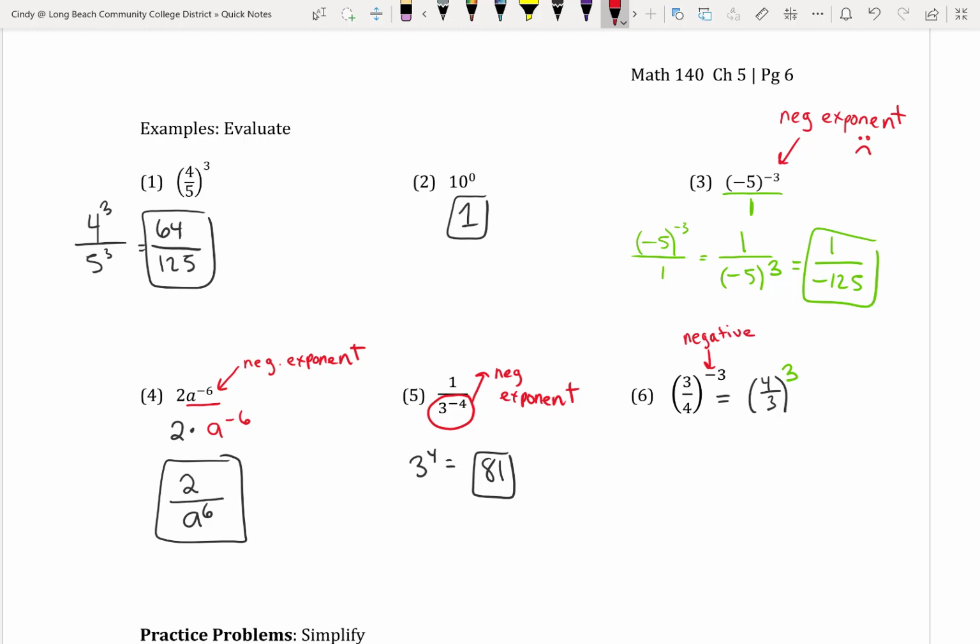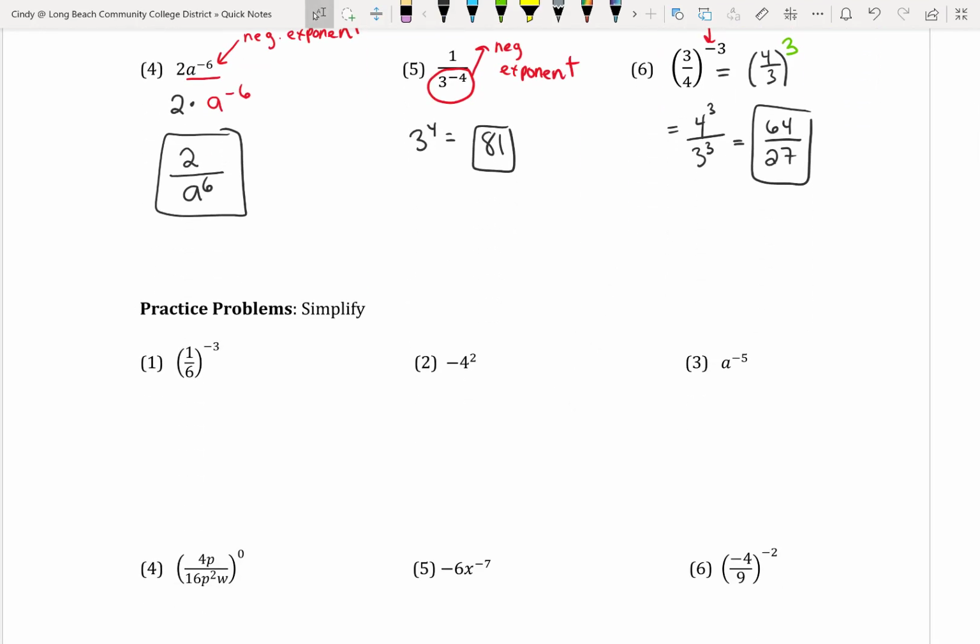And so I moved everything. And now I can distribute. So now this is 4 to the 3rd and 3 to the 3rd. Well, from number 1, I know that 4 to the 3rd power, 4 cubed is actually 64. And I know that 3 to the 3rd power is going to be 27. So my final answer there is going to be 64 over 27.